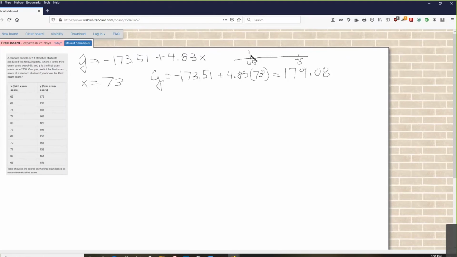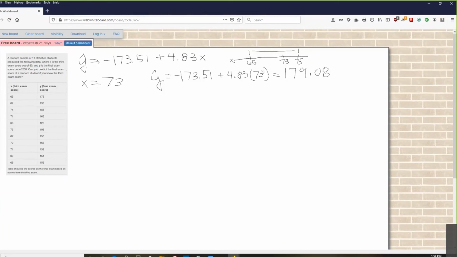That means that for any X values between 65 and 75, in this case we were looking at 73, we can reliably predict what the final score is for any value of X between 65 and 75.